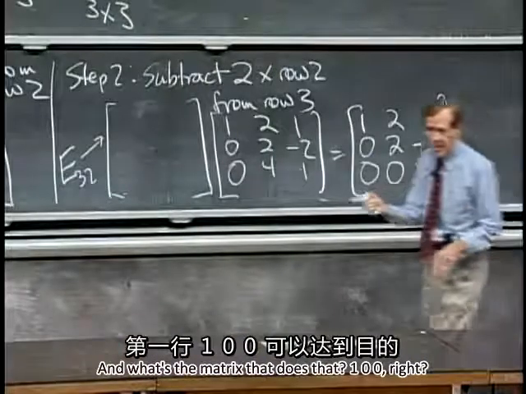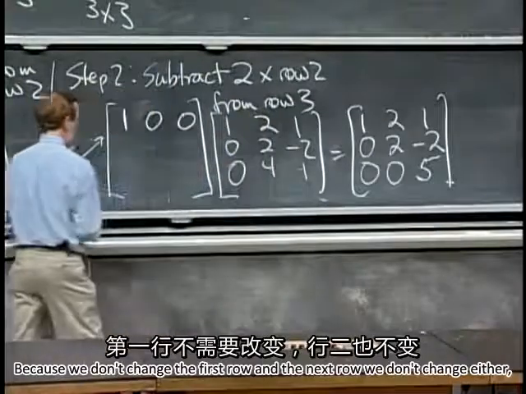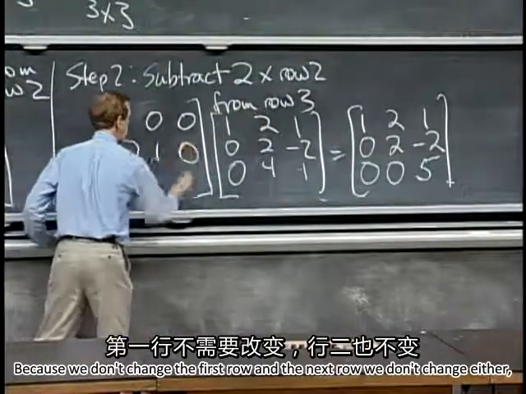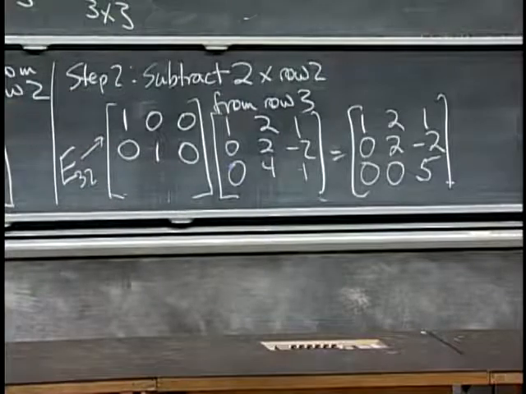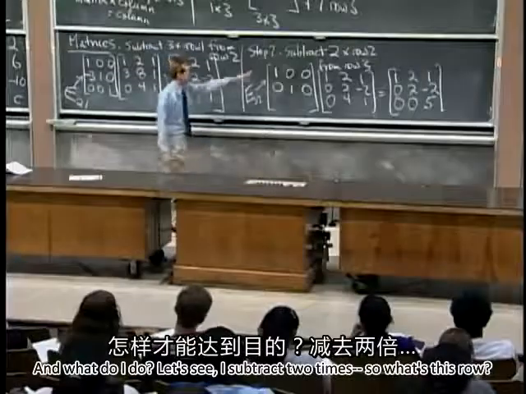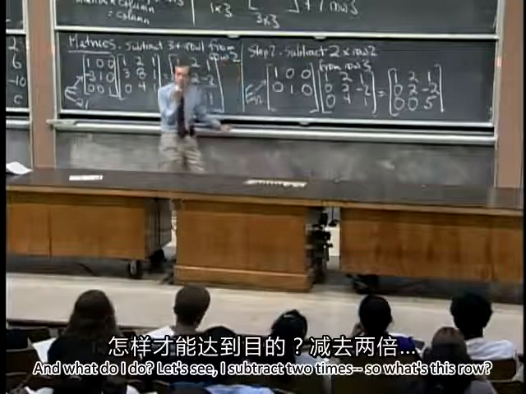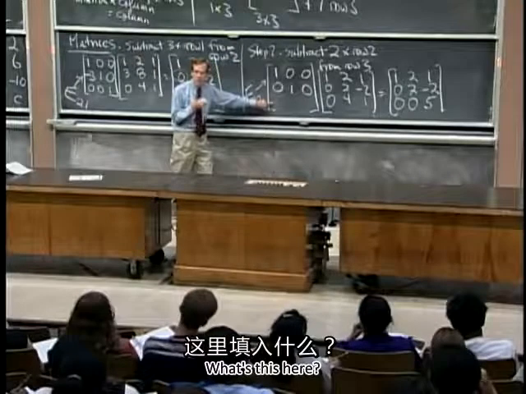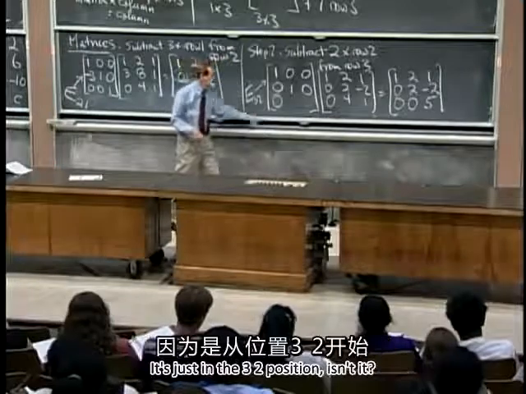1, 0, 0, right? Because we don't change the first row. And the next row we don't change either. The last row is the one we do change. What do I do? I subtract 2 times the second row. So what's this entry? 0, right? Because the first row is not involved.